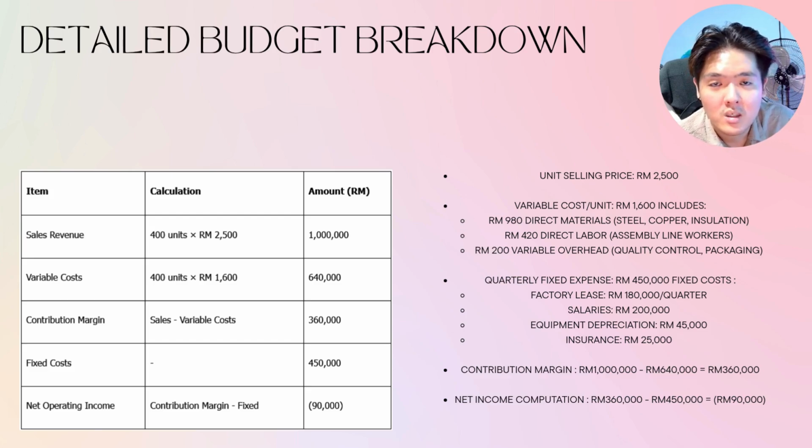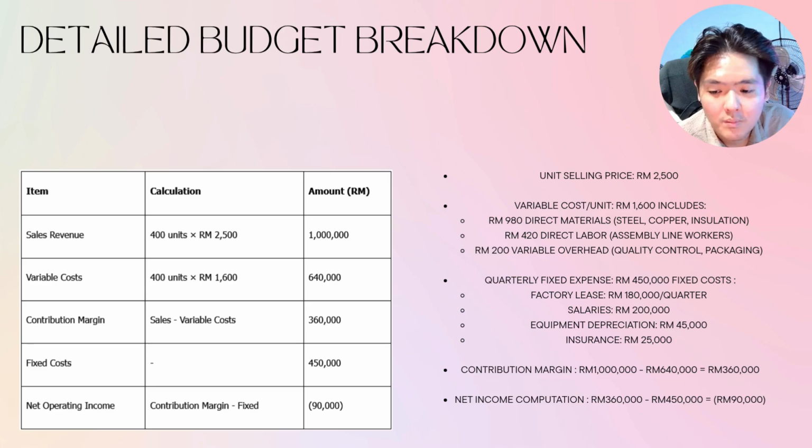For the contribution margin, the CM, the amount of 360,000 ringgits comes from the sales revenue minus the variable costs, which is 1 million ringgit minus 640,000 ringgit.